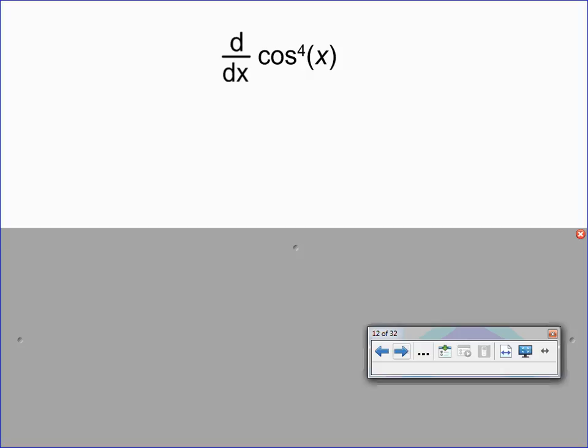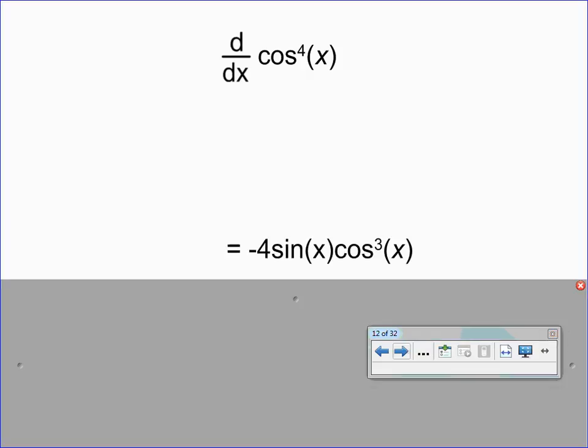Negative 4 cosine cubed x times sine x. Yes, negative 4. There's my cosine cubed, and then times the sine, and the negative came from the derivative of cosine. Nice work. Plus 10.